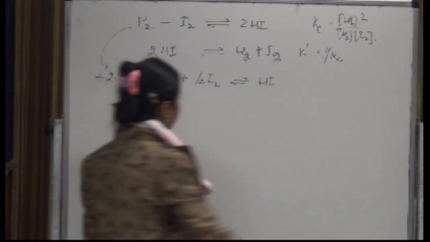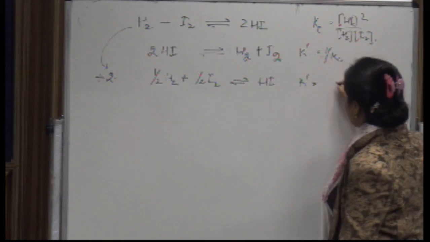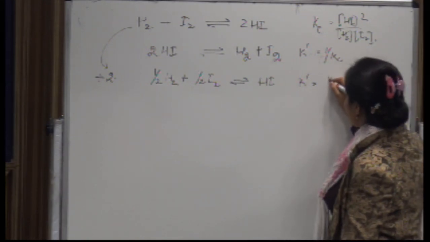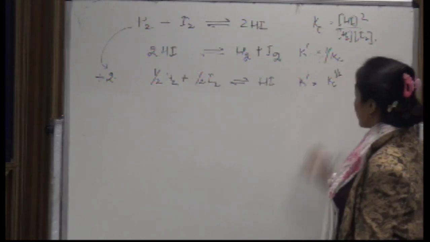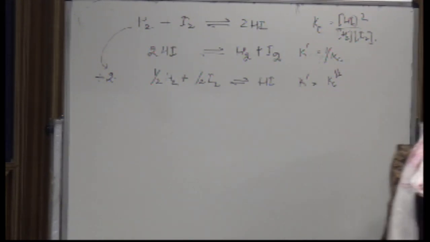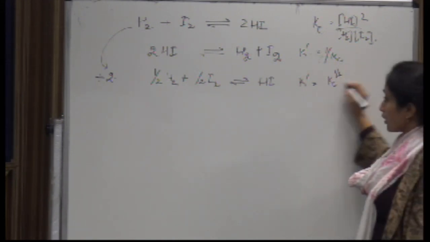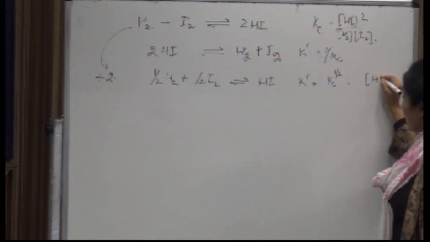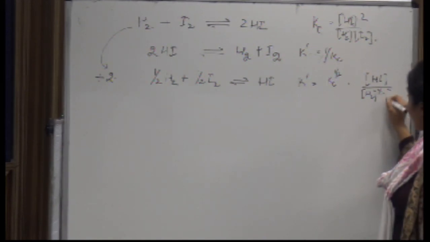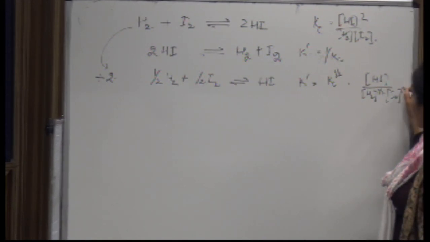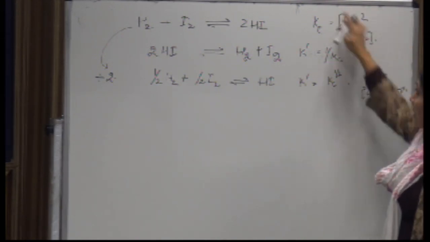So in this case your K dash will be equal to Kc to the power of 1 by 2. Is that okay? You can check it for yourself. Now this will be [HI] upon [H2] to the power half, [I2] to the power half. That means this is nothing but this entire Kc to the power half.